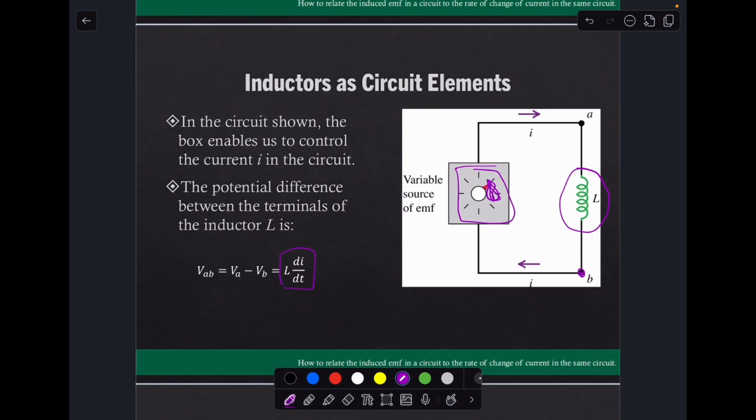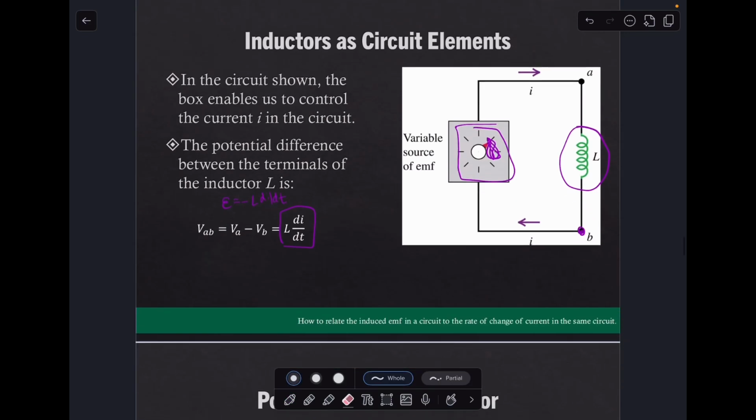Which stated that the EMF is minus L di dt. And since we're going to be defining VAB as positive, that's why we just dropped the negative sign. So, okay, that's the form of a voltage, L di dt.